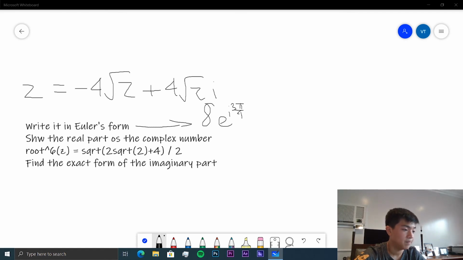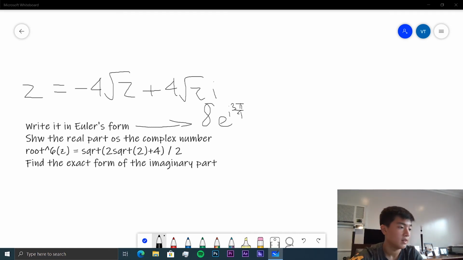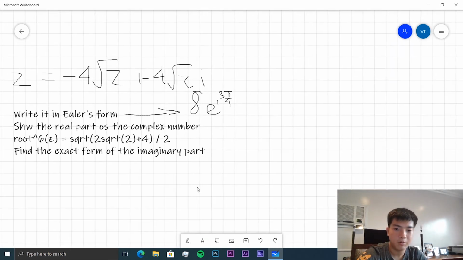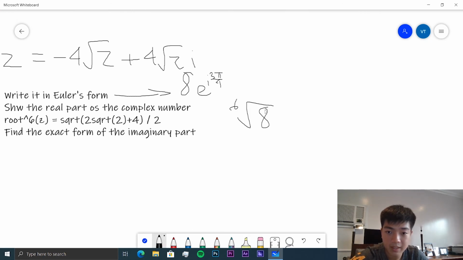Next we need to find the real part of the 6th root of this number. I think this means we ignore the plus k over here. So the 6th root of 8 is equal to square root 2, times e to the i 3 pi over 4. So 6th root, so this is e to the i pi over 8.